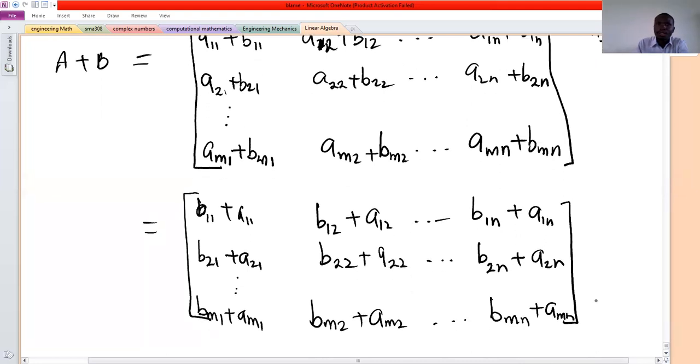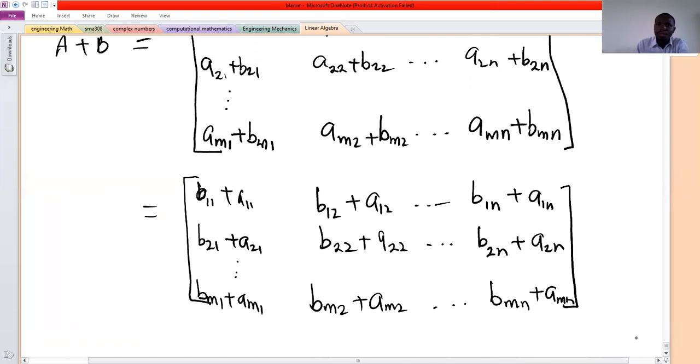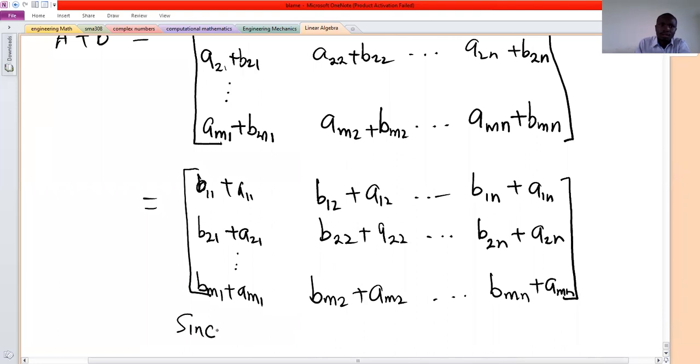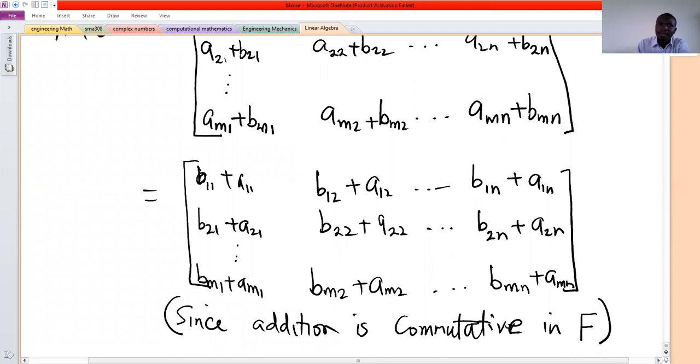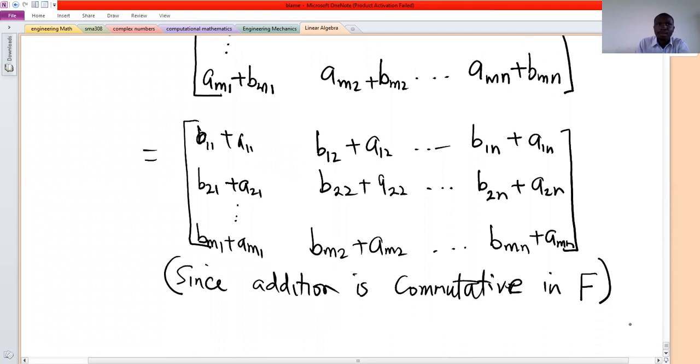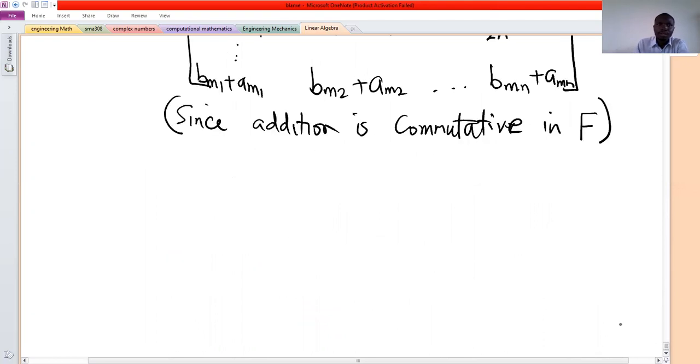What is making us move from this step to this step is that addition is commutative in the field F. Now this result must have come from the matrix starting with Bij's added to the matrix starting with Aij's.